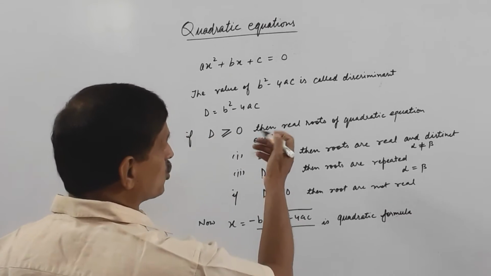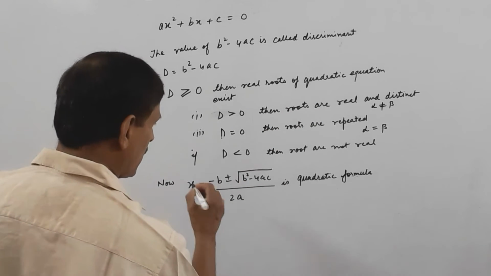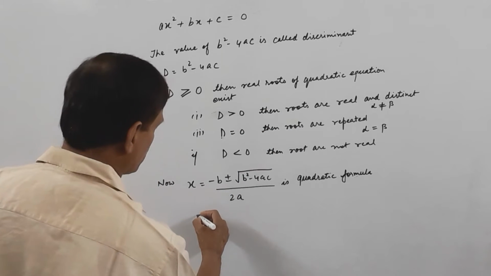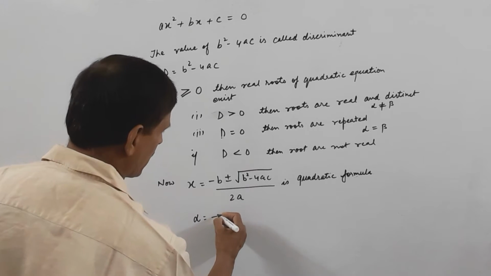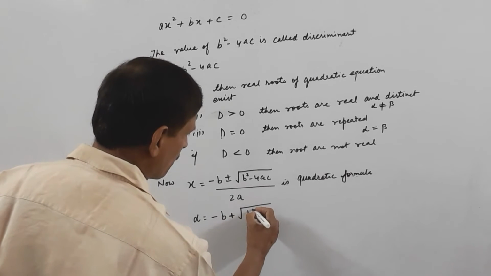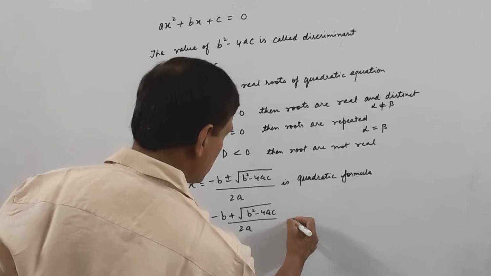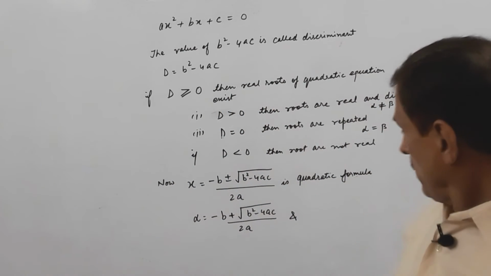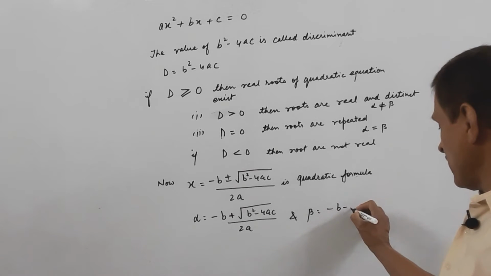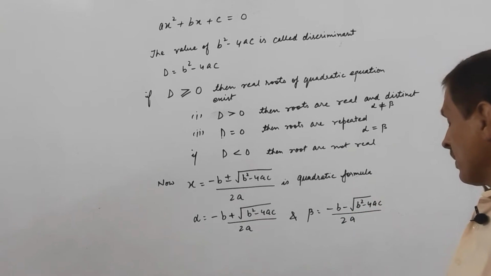As at most 2 roots are possible, in case discriminant is greater than 0, then 2 distinct roots are there, and these roots are alpha is equal to minus b plus root b square minus 4ac upon twice of a, and beta is equal to minus b minus root b square minus 4ac upon twice of a.